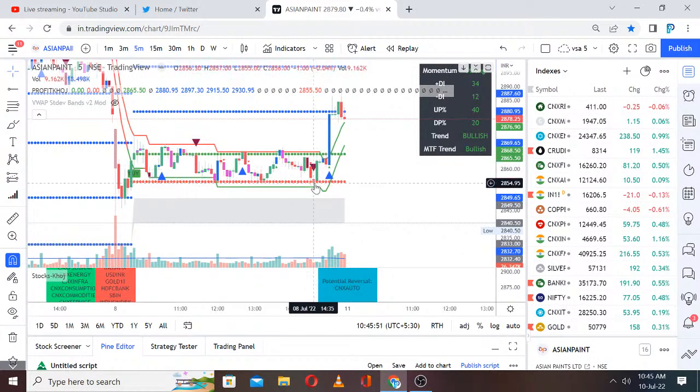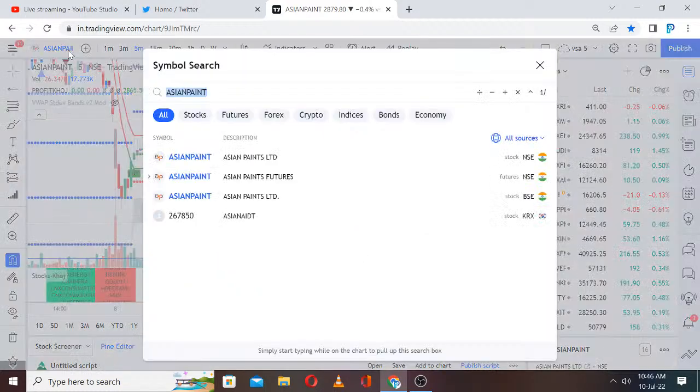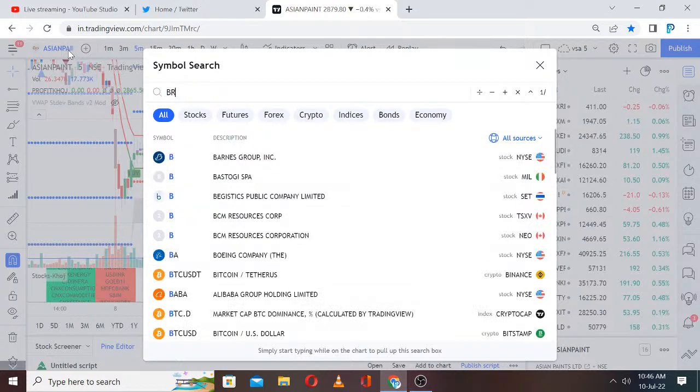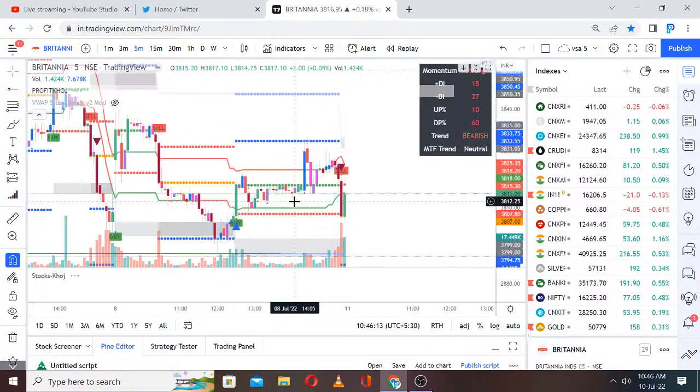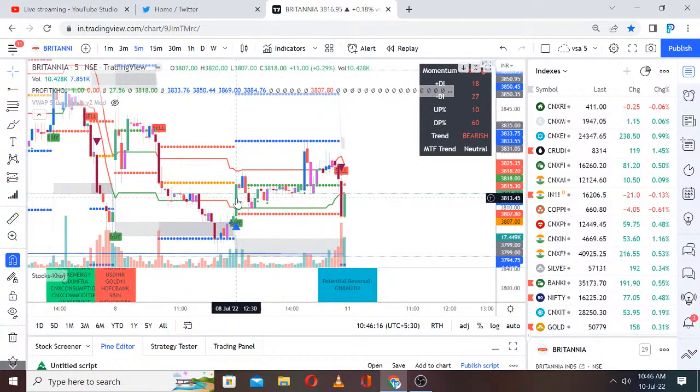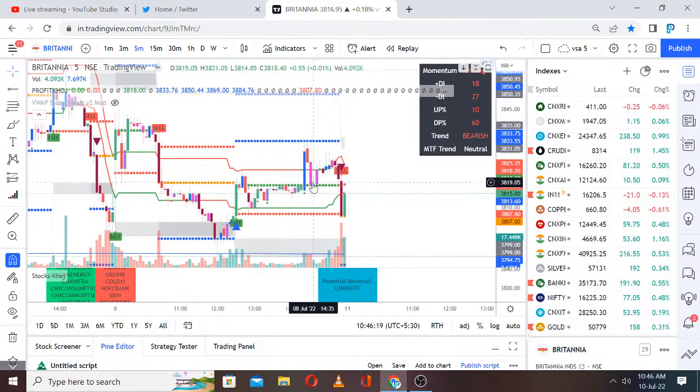You can see here there was a breakout here, so it generated a signal at 14:35. See here, the buy signal was generated, and again when it crossed above it, it generated a signal here. So that is how this works.